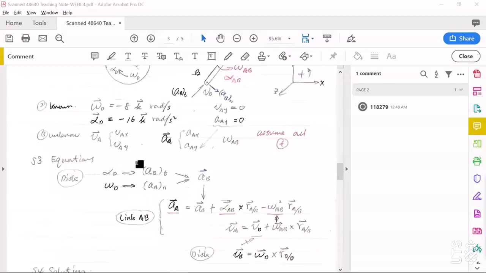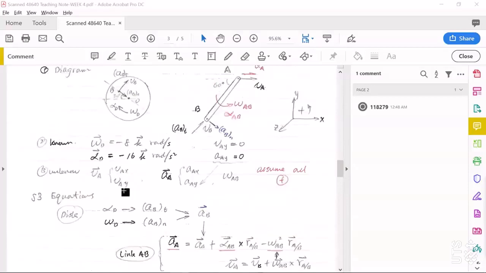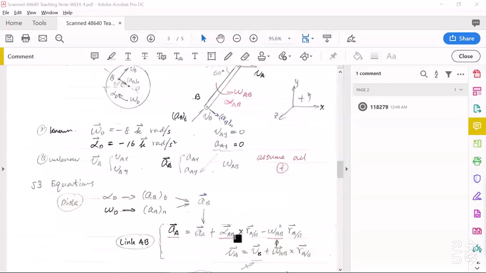Okay, here, that's the idea for solving this problem. We know alpha D, so we can work out ABT. We know omega D, so we can work out ABN. If we know these two components, that means we can work out AB in this equation for relative motion analysis of acceleration. Here, B is the base point.